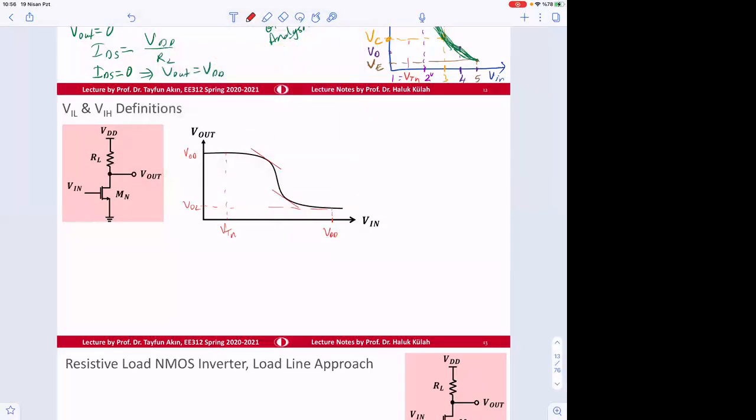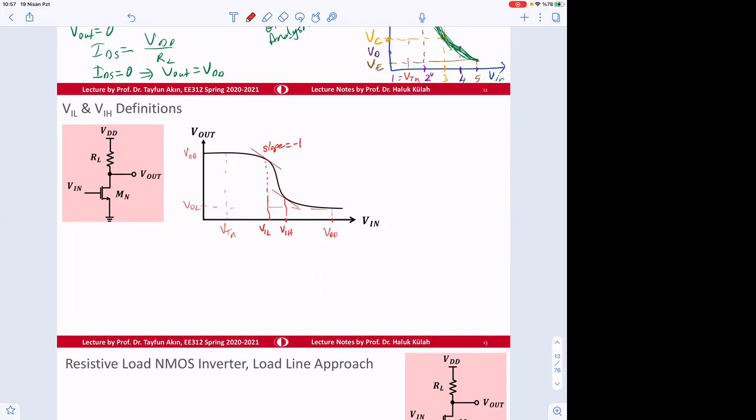So the point here, slope -1, is the point we define as V input low, and this point is defined as V input high.